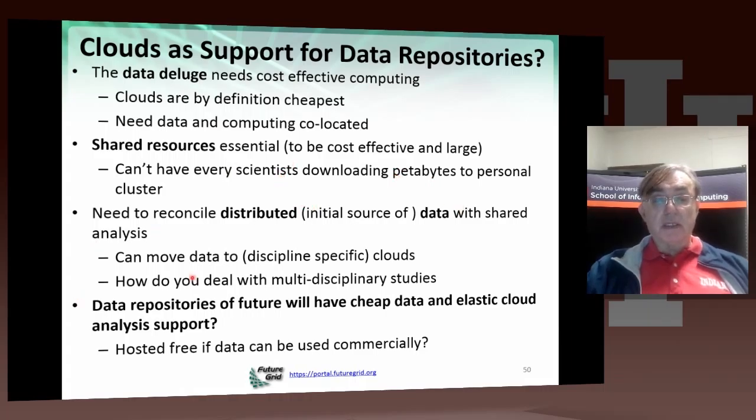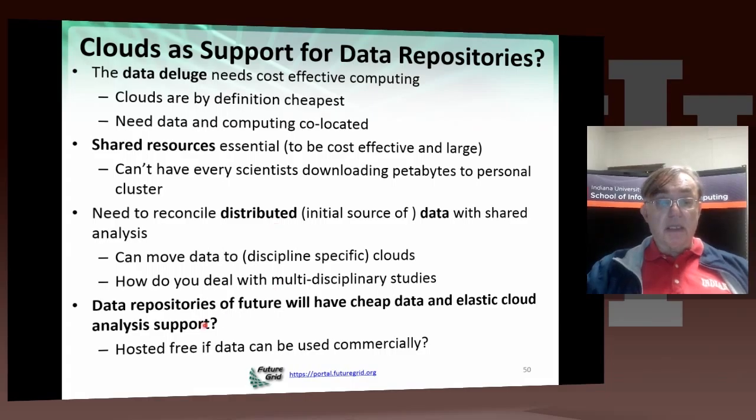So we need to reconcile the distributed, which is the initial source of the data, with the shared analysis. We could move data to disciplinary specific clouds, but I gave the example of genomics and environmental data. It's not so obvious that the genomic cloud will store its data in the same place as the environmental cloud. And that's what I said, how you deal with multidisciplinary studies.